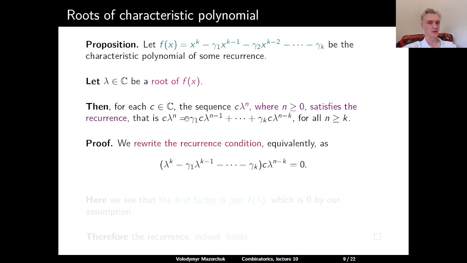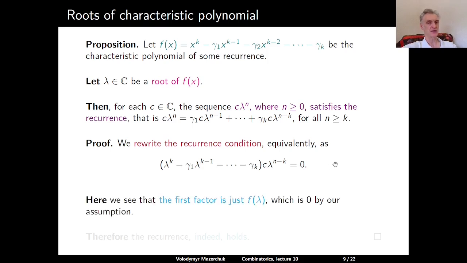Proof: we can rewrite this condition for the recurrence in the following way. We move everything to the left-hand side and pull out of the bracket c and lambda to the power n minus k. So then we will get the expression lambda to the power k minus gamma 1 lambda to the power k minus 1 minus and so on minus gamma k. Then this expression times c times lambda to the power n minus k is equal to 0.